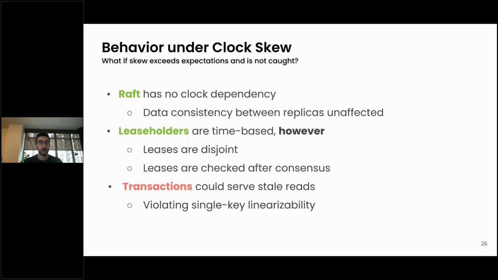And so this would violate linearizability. The interesting part to point out here is that isolation is preserved within CockroachDB regardless of clock skew. So Cockroach will remain serializable independent of clocks. However, Cockroach loses its linearizability behavior if clocks are sufficiently skewed.